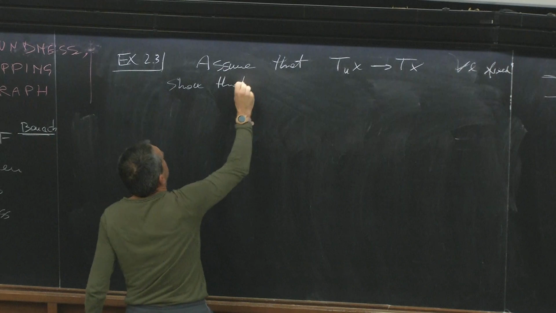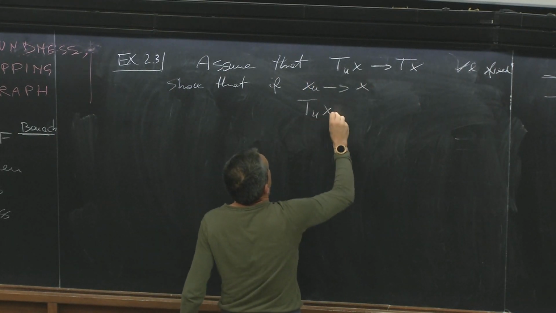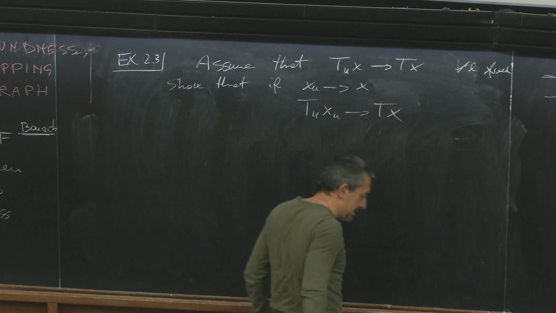Show that if xn converges to x, Tn xn converges to Tx.